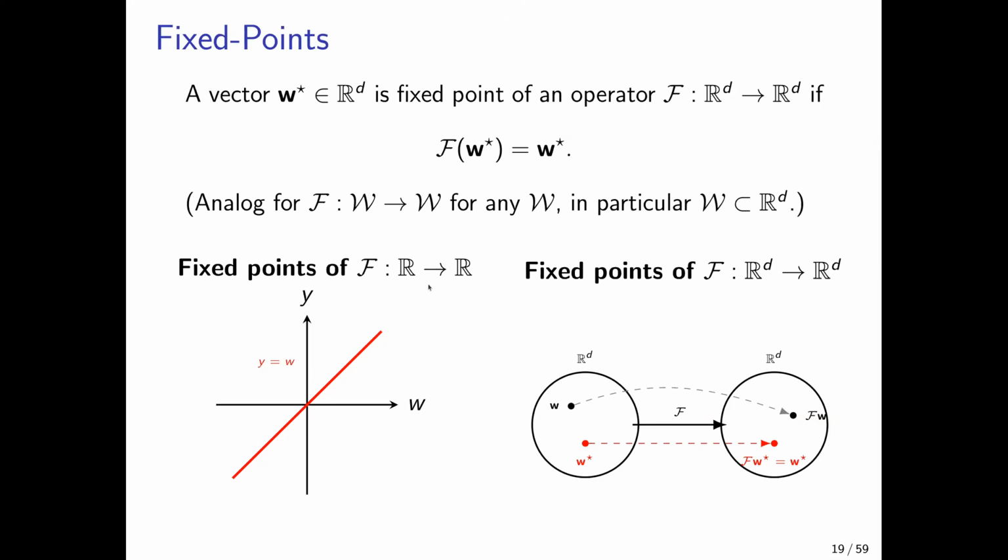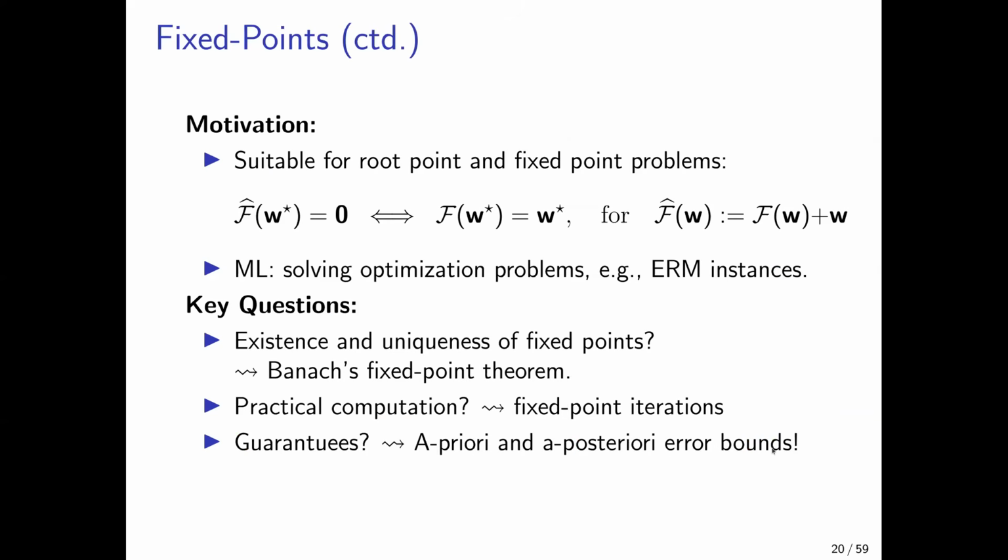And to illustrate them, in the one-dimensional case, we can illustrate them by this bisecting line, like the graph of the identity function. And more abstractly, we can look at it in this way, that we have some point w star, which under F simply gets mapped to itself. And why are we so interested in fixed points?